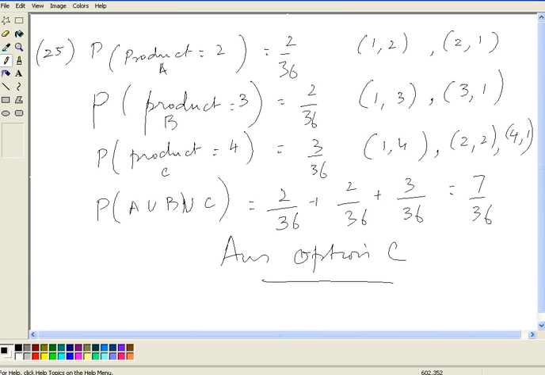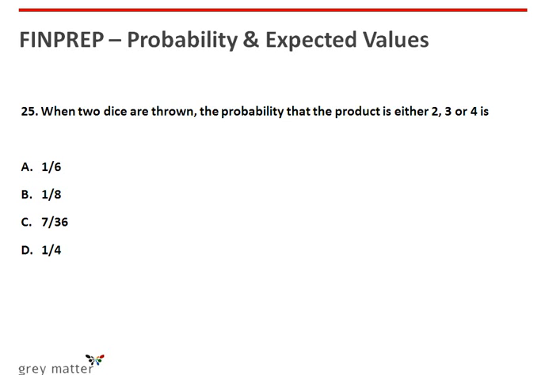So 2 by 36 plus 2 by 36 plus 3 by 36, which works out to be 7 by 36. So the answer is option C. Going to our PowerPoint presentation, it is option C, which says 7 by 36.